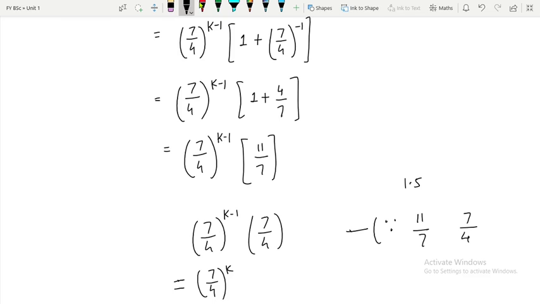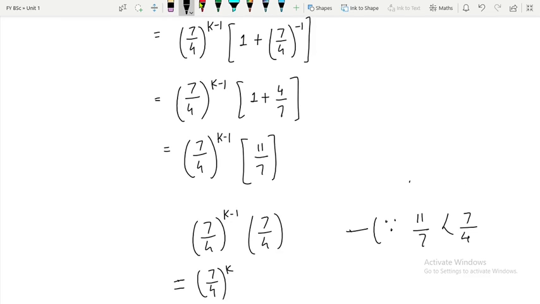So it is, I guess, 1.57, and 7/4 is 1.75, right? So I can say that this 11/7 is less than 7/4, isn't it?